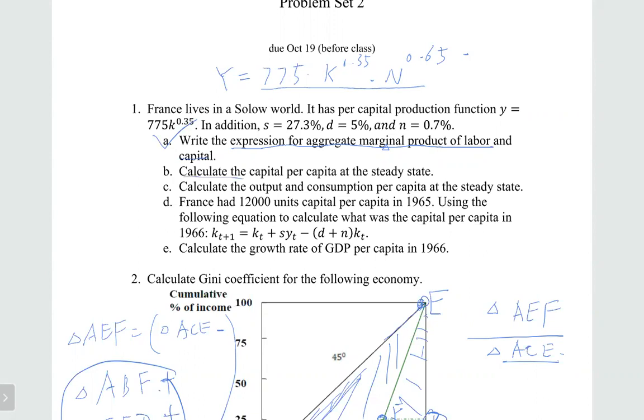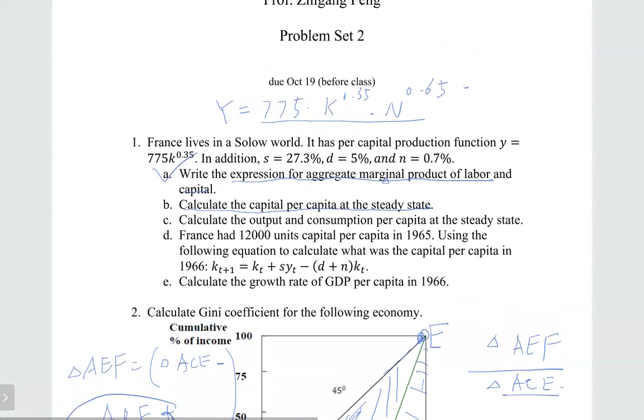Now the second one, calculate the capital per capita at steady state. The key equation we have studied is what? The key equation is F_K equal to N plus D, which comes from this equation.